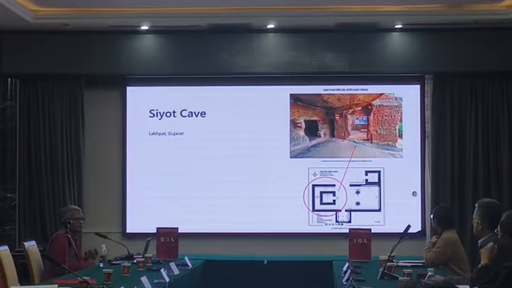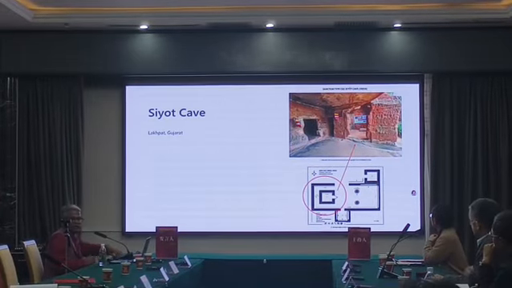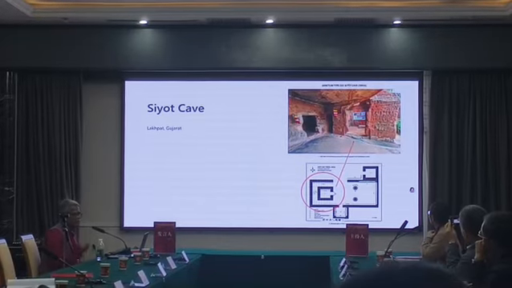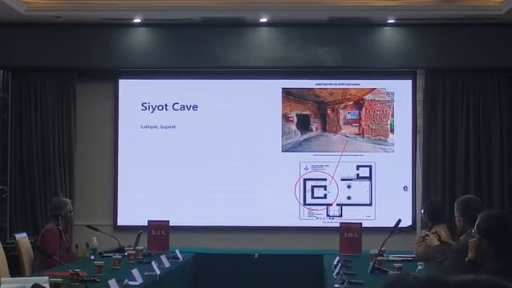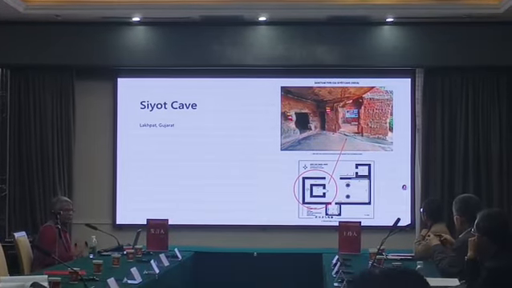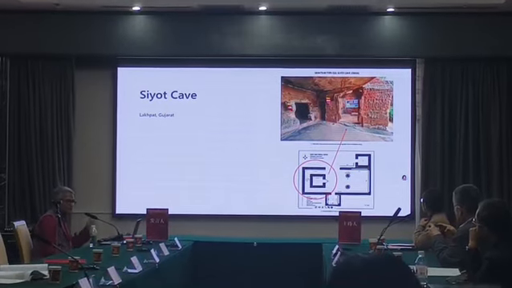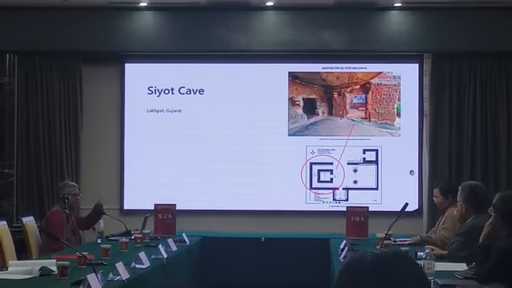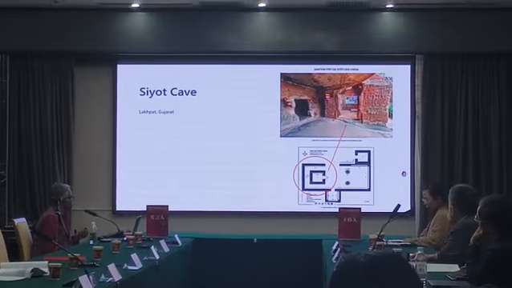I made this schematic ground plan just 2 weeks back before coming here. And here we are able to see that it is a very special kind of cave for Indian cave temple architecture at least.